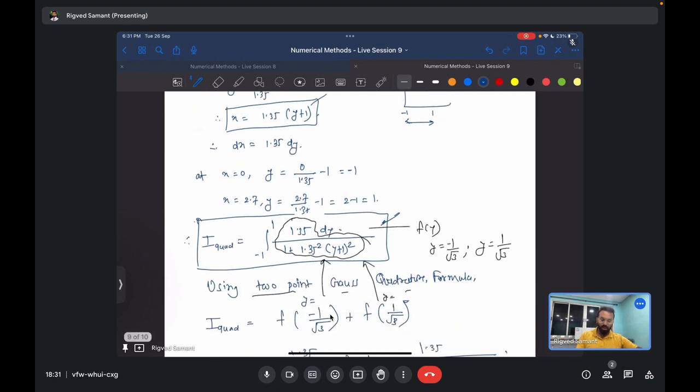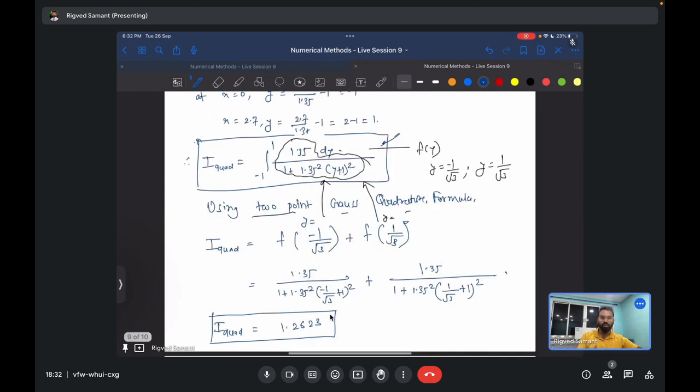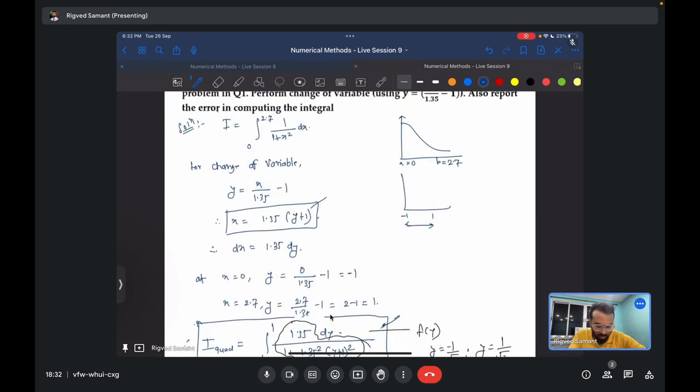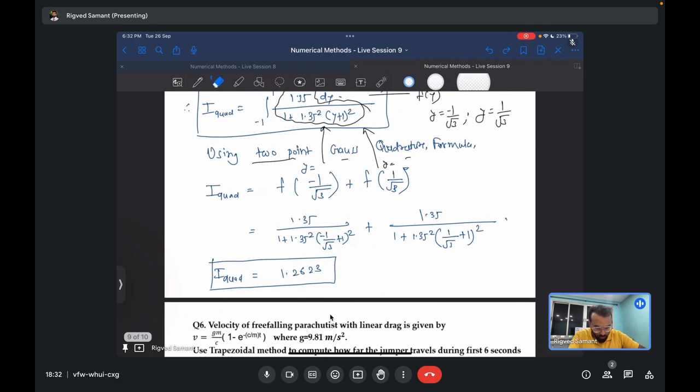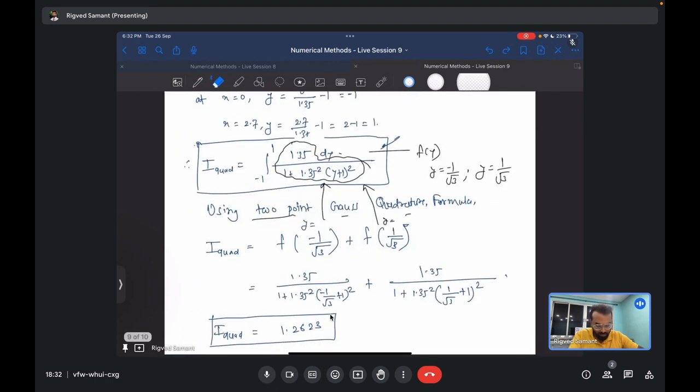The 2-point quadrature formula tells you to substitute minus 1 upon root 3 and 1 upon root 3 into the f of y value, get the values, and add them up. The addition will give you the final integration value of the integrand that you started with. I hope you are clear with this. So this 1.2623 is for whatever the I we were considering.